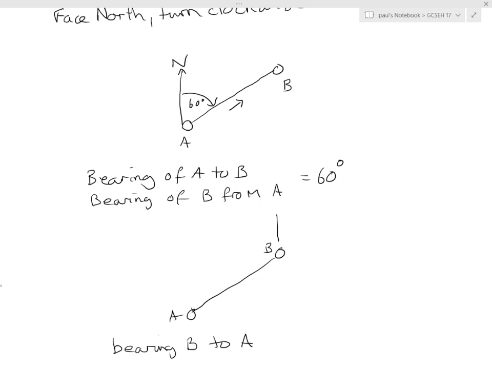So this time you go from this one up to north, and you go round clockwise until you get to there, and this angle is your bearing. Maybe it's about 220 degrees, something like that, yeah? All the way around, measure it. Protractor won't go all the way around, so just do 180 and then measure that a little bit and add it on. That's all you need to do.